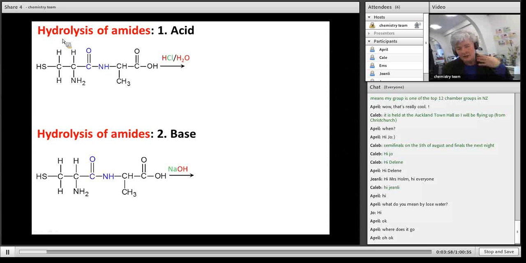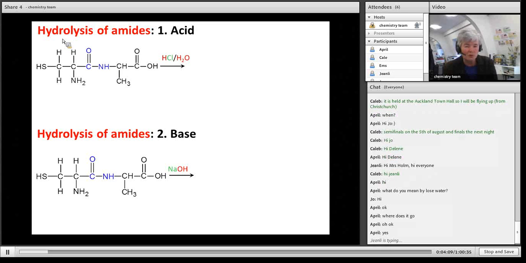Now, if you think right back to the 7 tips, when I was talking about reactivity and the leaving group, the better the leaving group, the more reactive. Do you remember that bit? We touched on this again in the last lesson. When we want to break something up, the more neutral the substance, the more likely it'll come off easily.